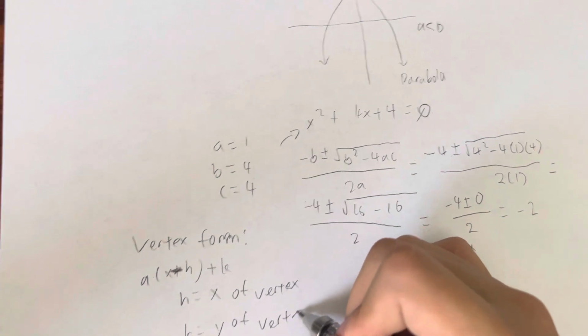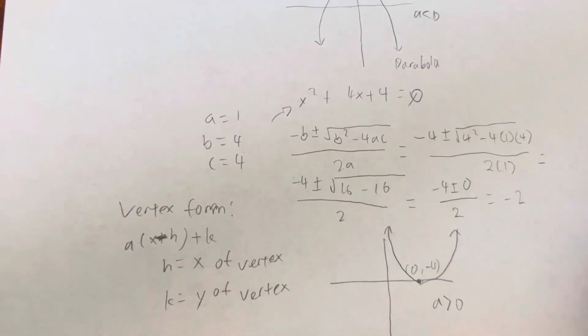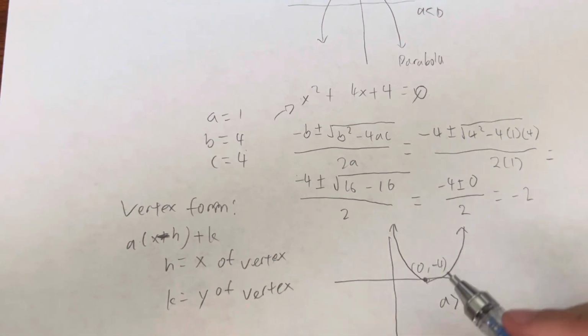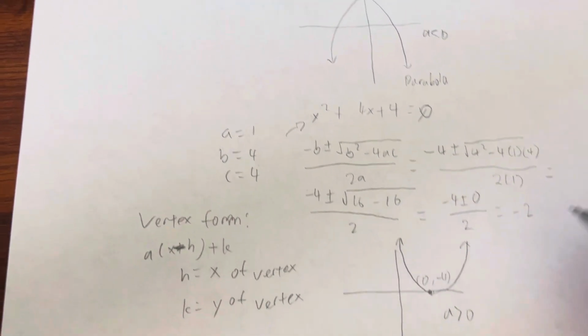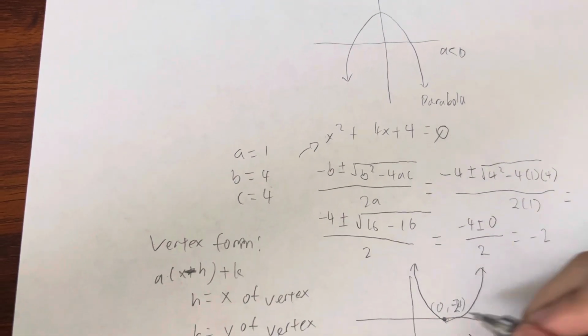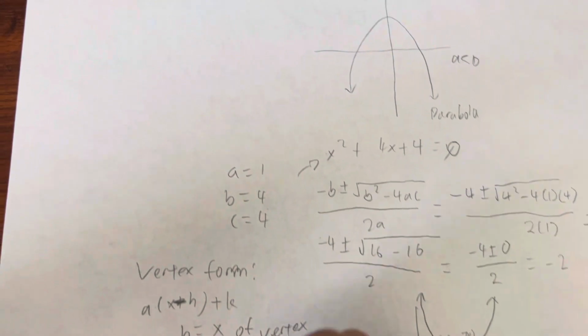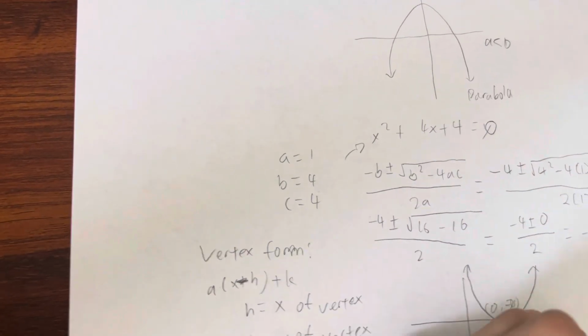You generally use this form when you know the vertex. So if we're going to use it here, we know that this vertex is negative 2, 0. So we would just substitute it in here.